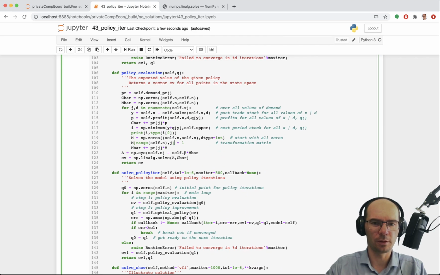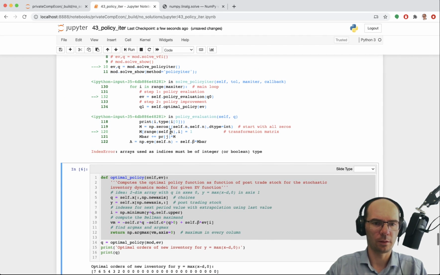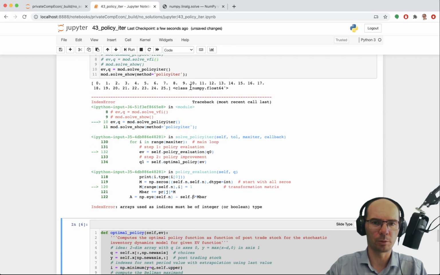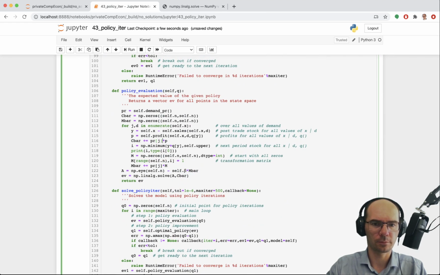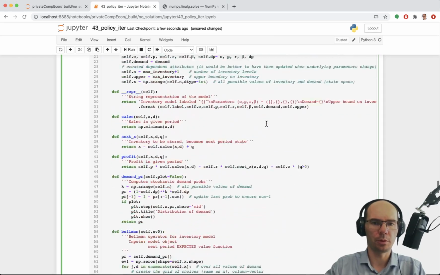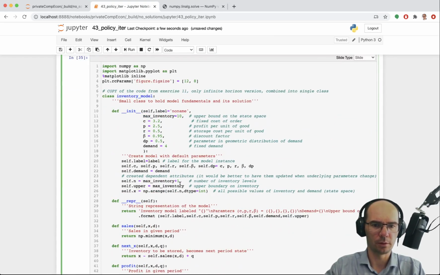That was a terrible bug. It's the PR of j that we're using here. And i is going to be the next period stock. And it's with i that we have a problem, right? Yeah. So it's minimum of upper. What's upper? Max inventory.